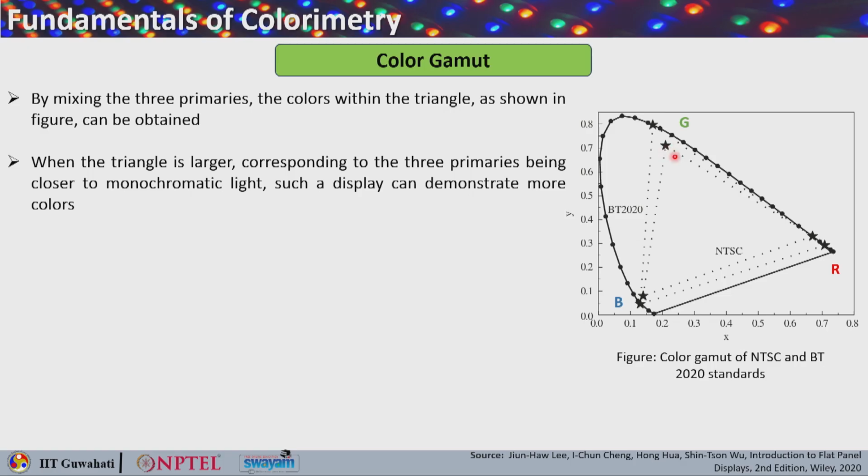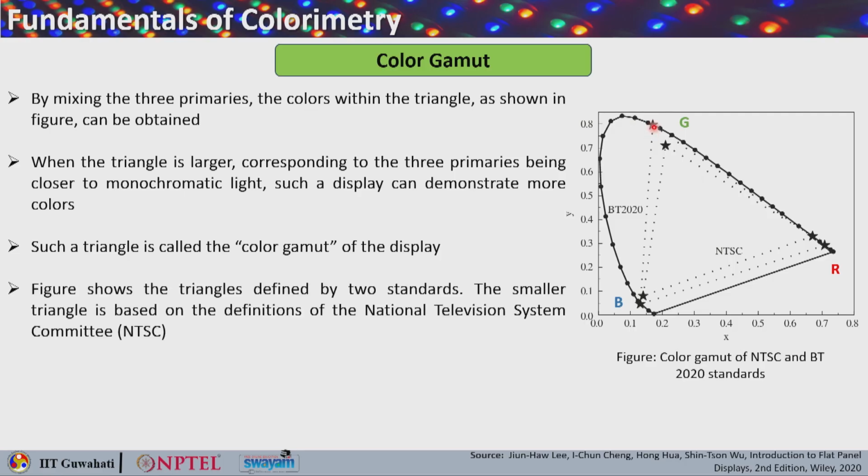When the triangle is larger, that corresponds to the three primaries being very close to the monochromatic lights. In that case you have a larger color gamut because you can display more colors. Such a triangle is called the color gamut of the display.